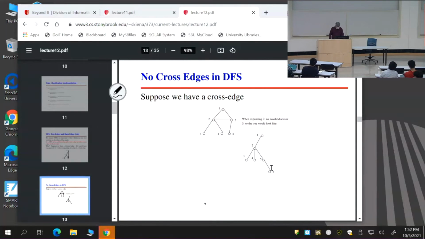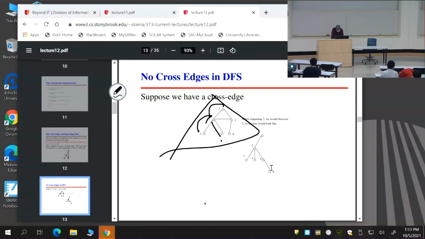And in a similar way, you can't have a cross edge. Could something like this happen in a DepthFirst search tree? Well, what would have happened? 1 would have begun. I would have discovered 2. I would have discovered 3. I would go back. I would discover 4. I would go back.